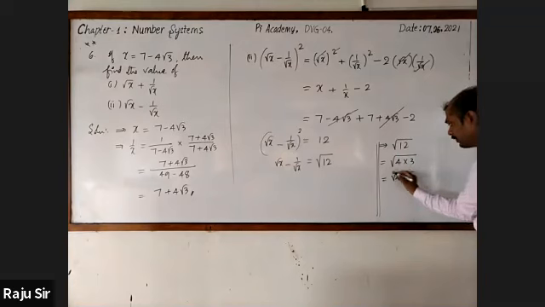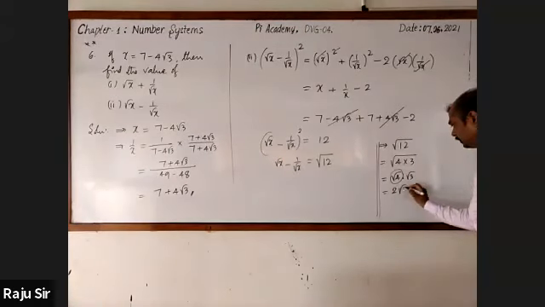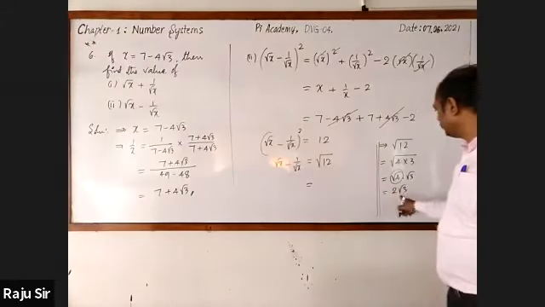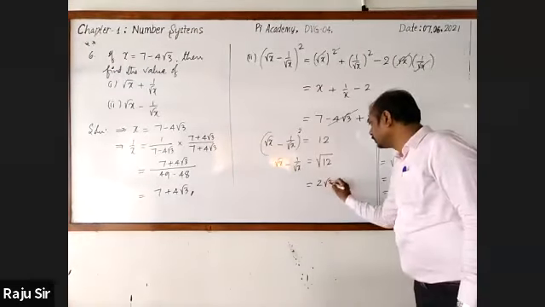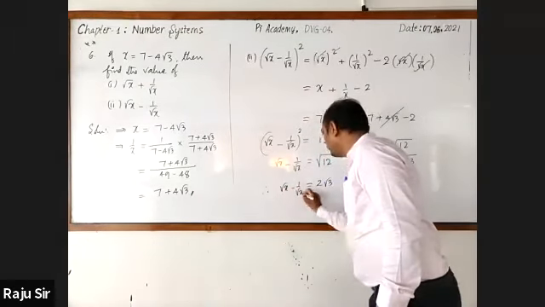What is square root of 4? 2. 2 into root 3. Any doubts? No, sir. Now, in place of root 12, you may write 2 into root 3. This is the value of root x minus 1 by root x.